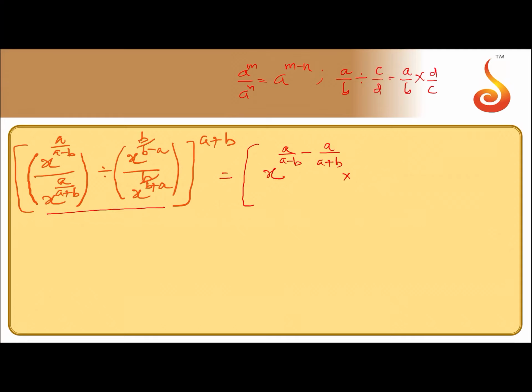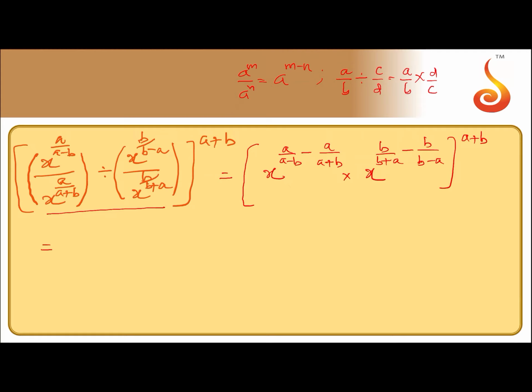You can reverse the product, that is x to the power of b by b plus a minus b by b minus a, whole to the power of a plus b, and that is written having the same base, so the powers can be simplified.